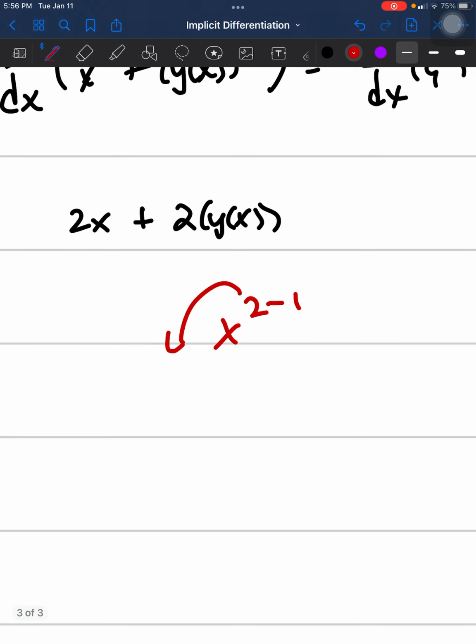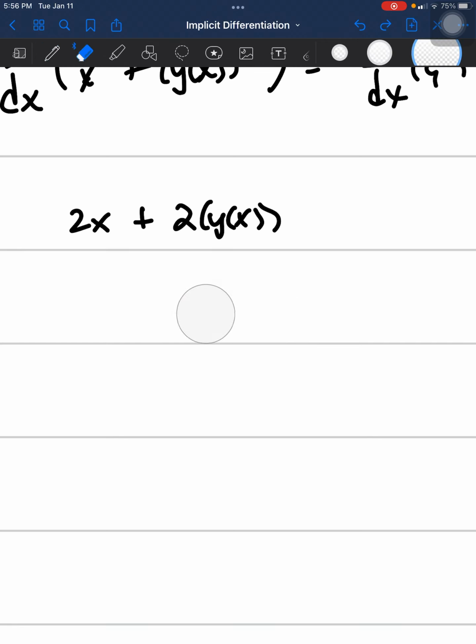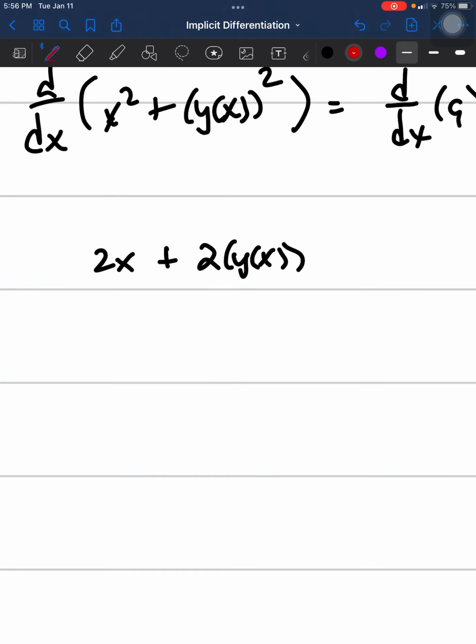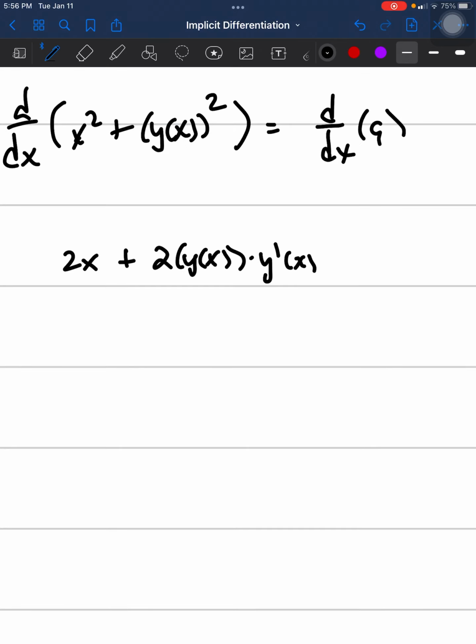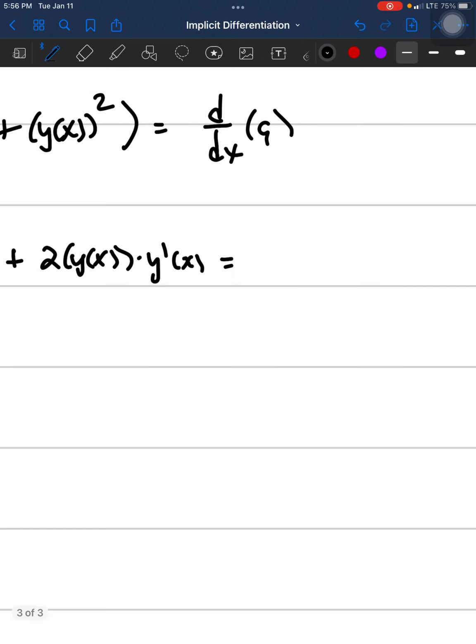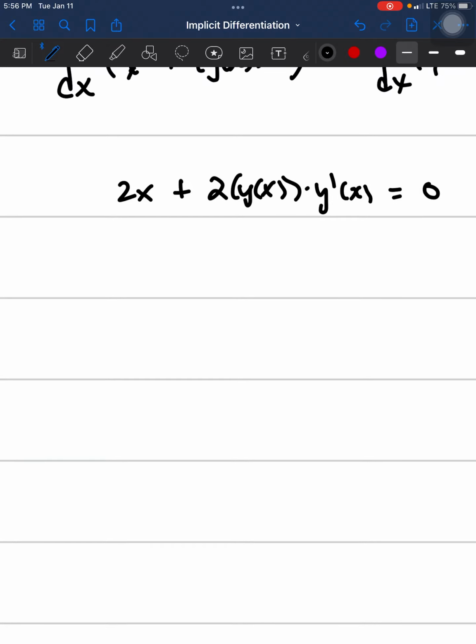When we normally differentiate x squared, we bring down the 2, subtract 1, and we get 2x to the power of 1. We don't keep the 1 because x to the first is just x. So it's 2x, and x in this case is y of x. So 2 times y of x, and then we multiply by the derivative of the inside, which is just y prime of x. That's the derivative of the left side of the equation. Now the derivative of 9 is just 0 because it's a constant.